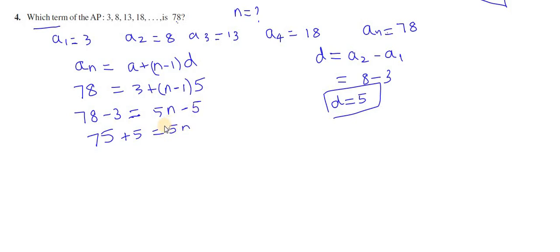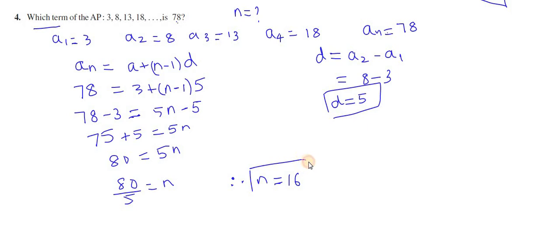So simplify: 80 is equal to 5n. Therefore 80 by 5 is equal to n. If we divide 80 by 5, we get 16. So the n value is 16.